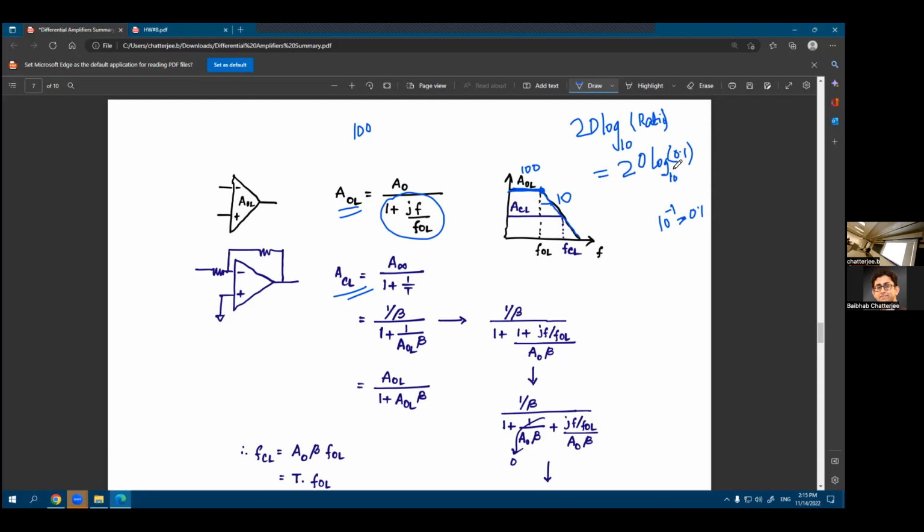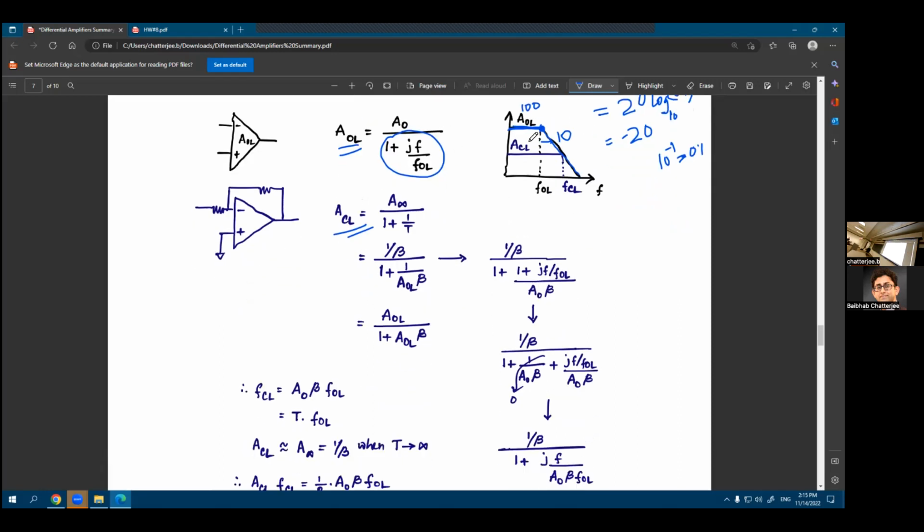So 20 log 10 of 0.1 becomes -20, right? You're multiplying 20 with -1. So as you're increasing the frequency by 10 times, your gain will be reduced by 20 dB. So that's why we say that it has a slope of 20 dB per decade. The reduction in gain is 20 dB per decade.